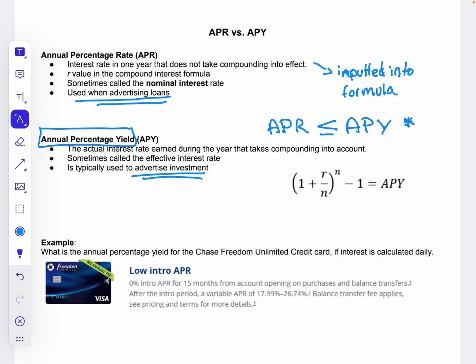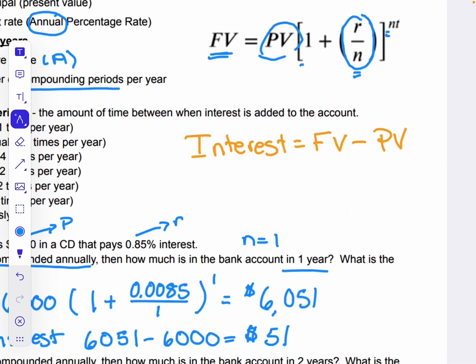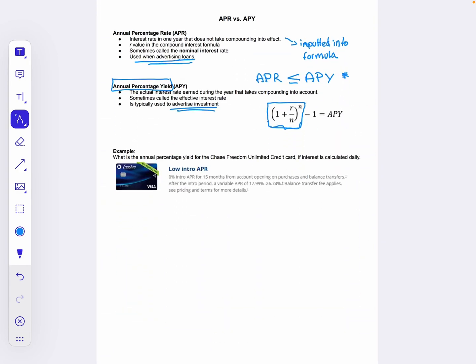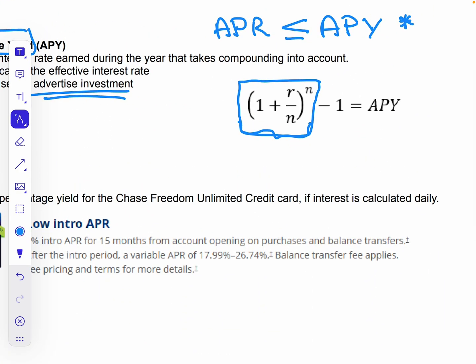All right, so how do we find that annual percentage yield? You actually just use the compound interest formula. If you notice right here, the bulk of the formula is just, if we go back up to our compound interest, the same thing we have in parentheses in our compound interest formula. And then we raise it to the nth power because that's the number of times it compounds in a year. Now, why do we have the -1?